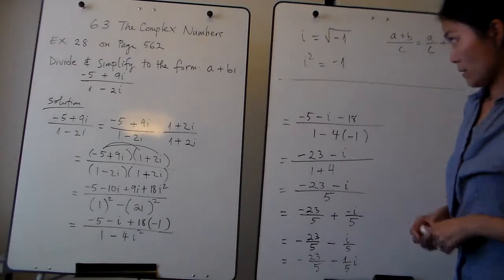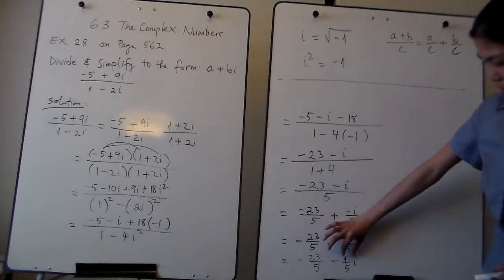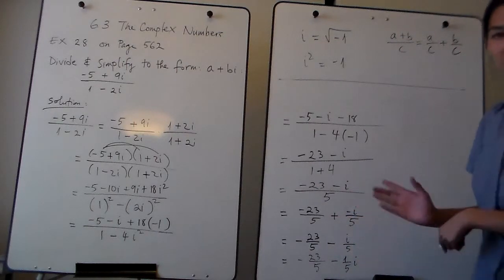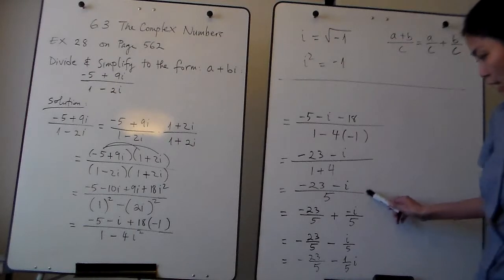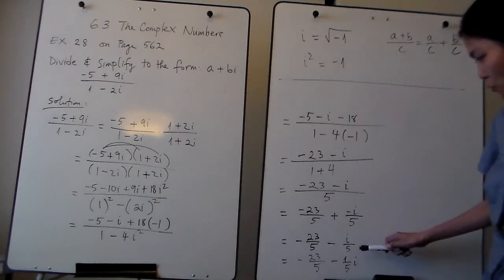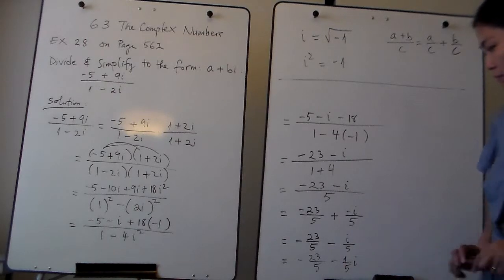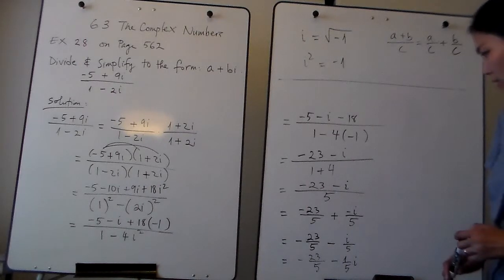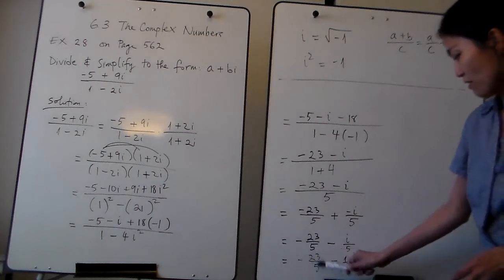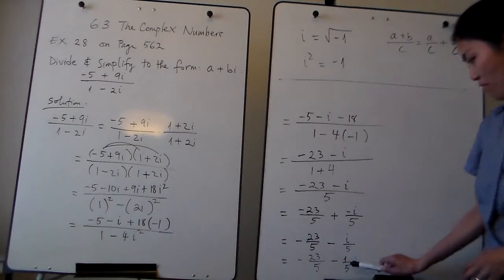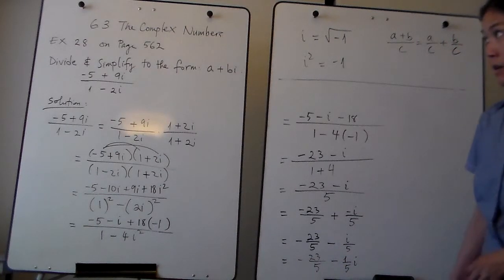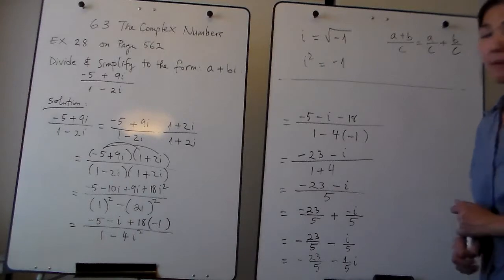Because we want to factor out the term 1 over 5 in front of i. That's why I'm rewriting this term as 1 over 5 factored to the front of this i. So the answer is negative 23 divided by 5, minus 1 divided by 5 times i. That is the answer for example 28.